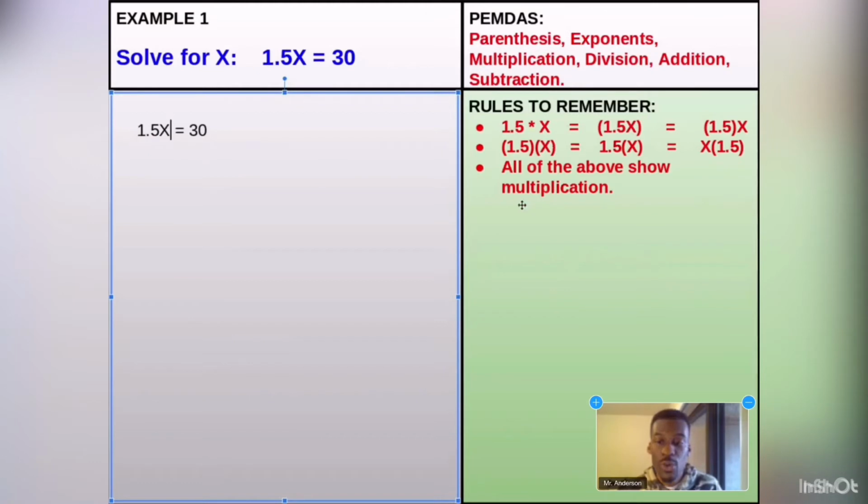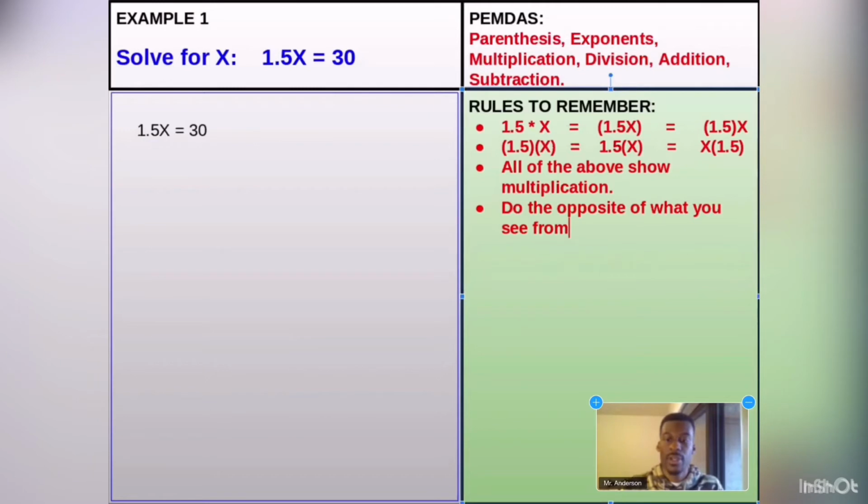So basically the rule is, and again, I'm going to go back over here to rules to remember. The rule is do the opposite of what you see, the inverse operation. That is the correct term.